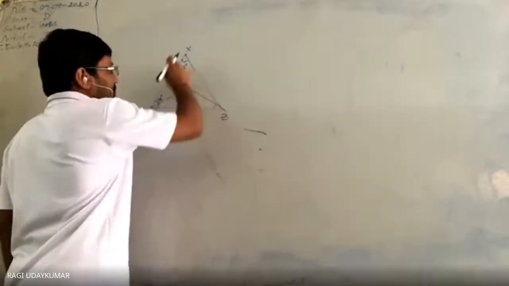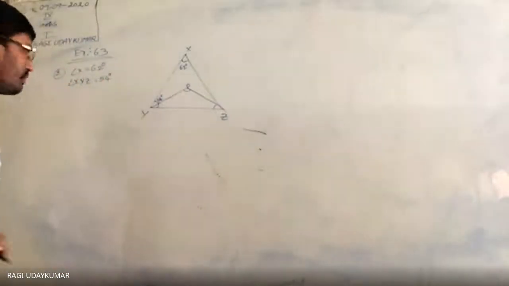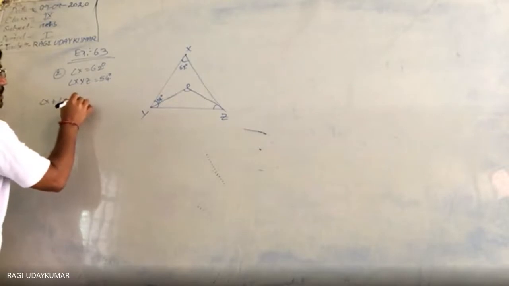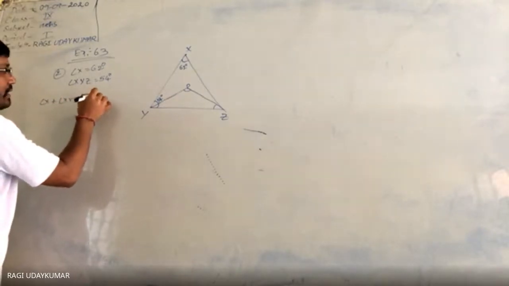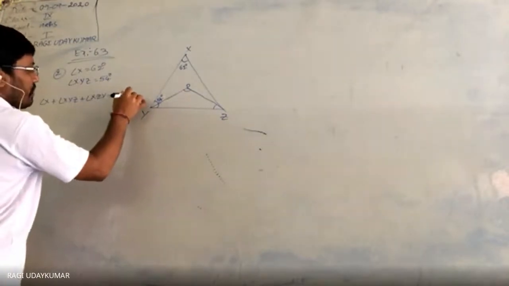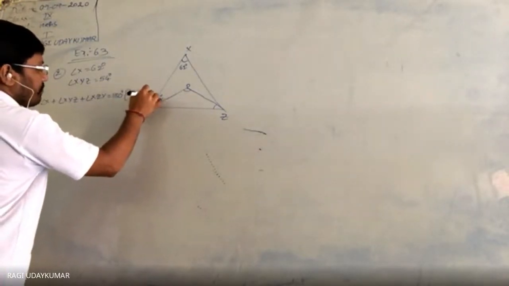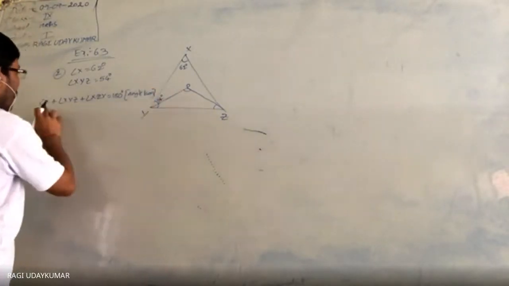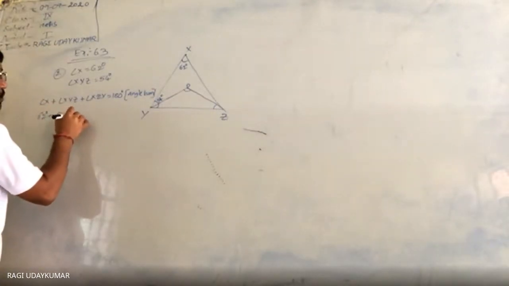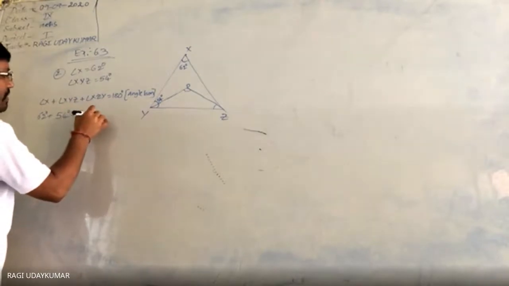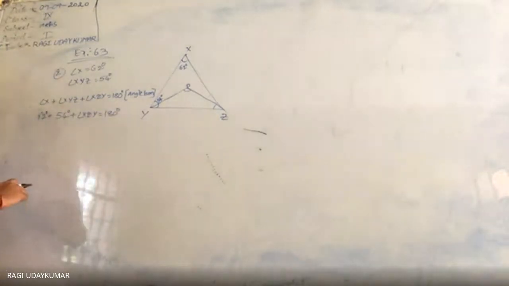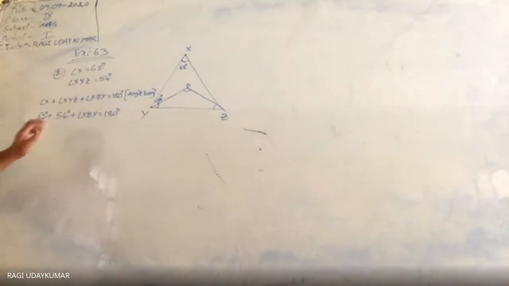Whenever this angle is asked first, you can use the angle sum property of the three angles. Angle X plus angle XYZ plus angle XZY is equal to 180 degrees. The reason is the angle sum property. So angle X is 62 degrees, angle XYZ is 54 degrees, and the sum of the two is 116.